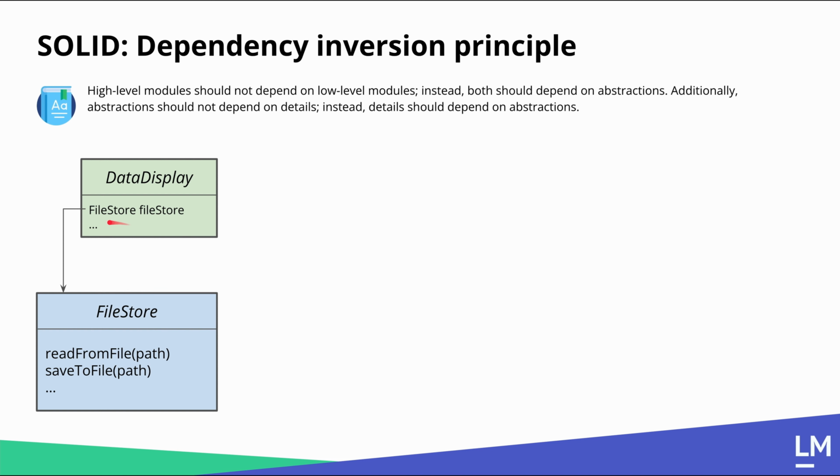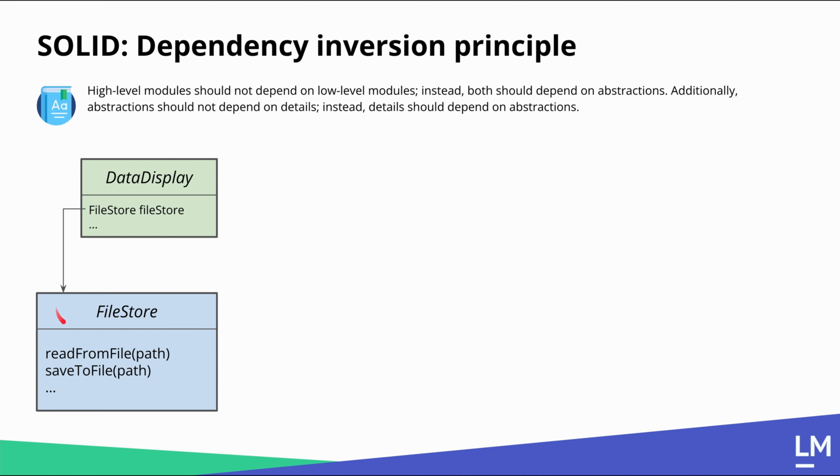Here, once again, if I want to swap out a file store for an HTTP store, then I need to revisit all the code in data display that calls the methods read from file and save to file. And I need to update these methods to be read from HTTP and save to HTTP. And basically, it's hard to maintain.